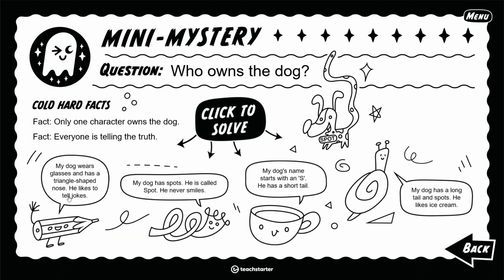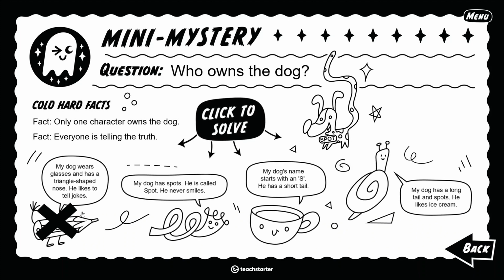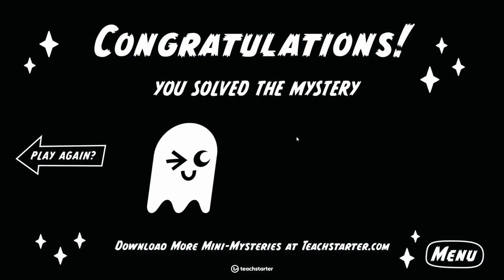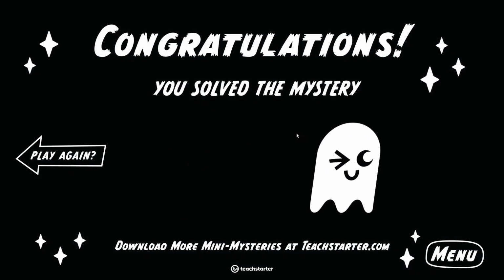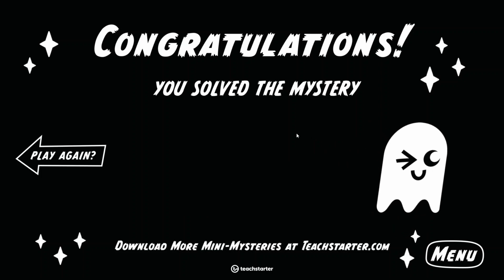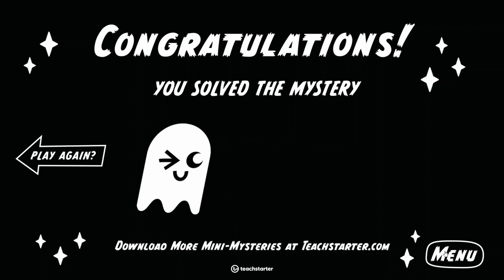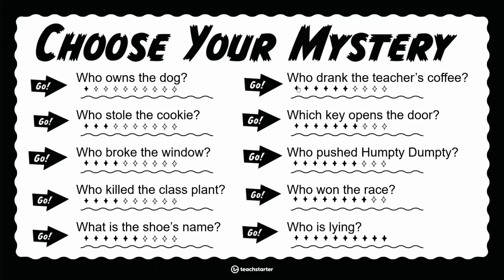So if I think the pencil owns Spot, we get an instant feedback, no, the pencil does not own Spot, until we figure out who actually owns Spot, and congratulations, you solved the mystery. So another congratulations sign, they get that satisfaction that they solved that mystery, and we can click menu to go back to the menu to solve another one.